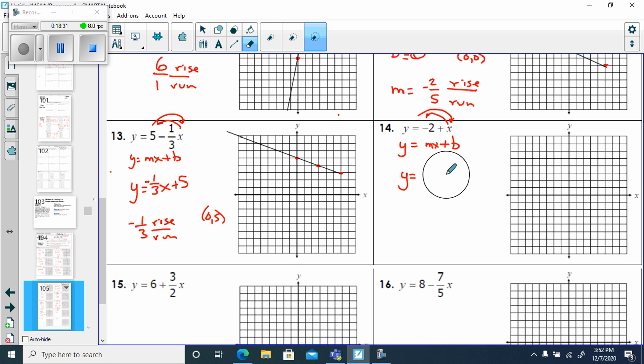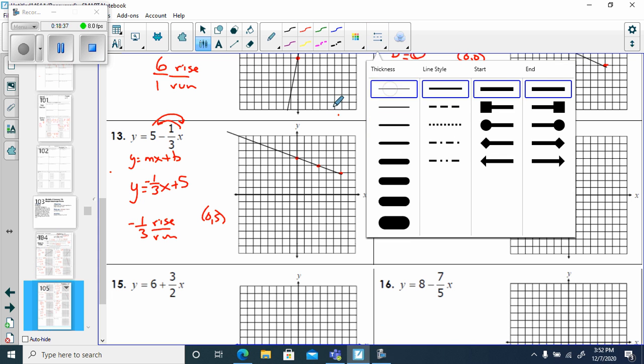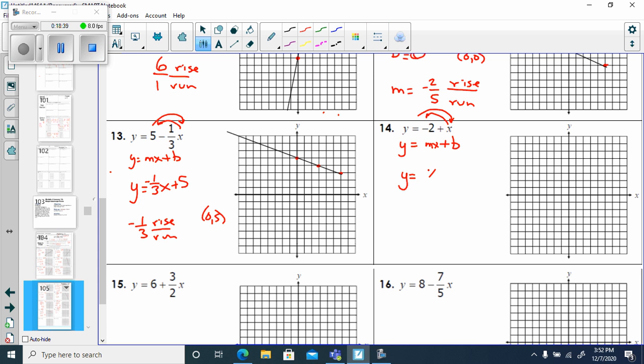Let's do that. Y is equal to x minus 2. Okay, now what's our b? Oh, we need to be adding it, don't we? Y is equal to x, and instead of subtracting a 2, we add the negative 2.